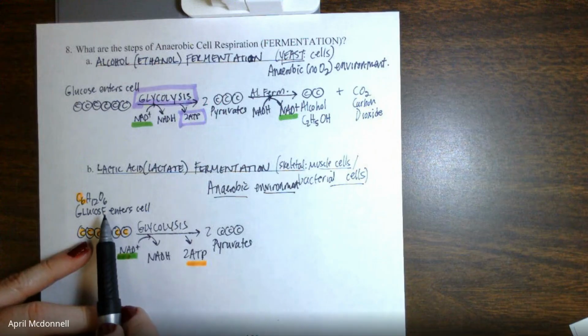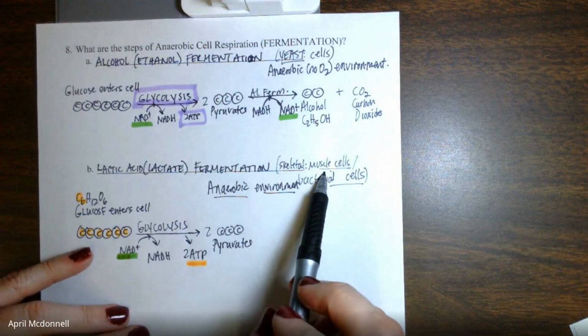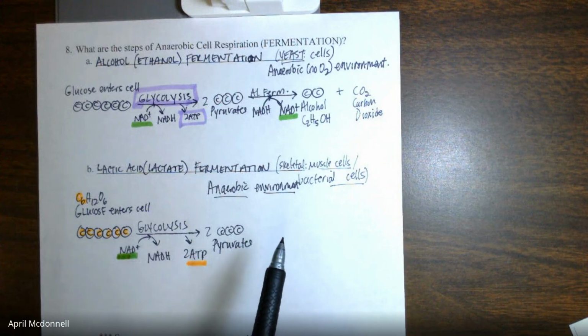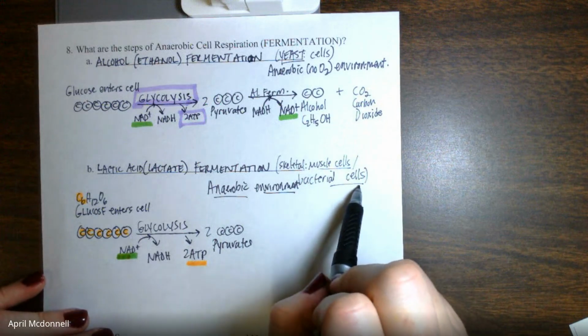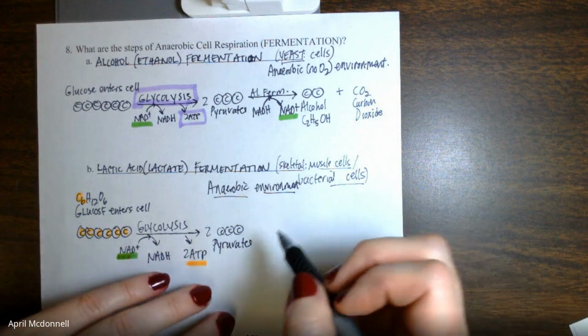So if glucose is broken down during glycolysis in the cell, like the skeletal muscle cell, for example, a bicep cell or a tricep cell or quadricep or hamstring, just think about the muscles of your body. So it's one of your cells, or certain types of bacterial cells don't have oxygen in their environment. They're in an anaerobic environment.